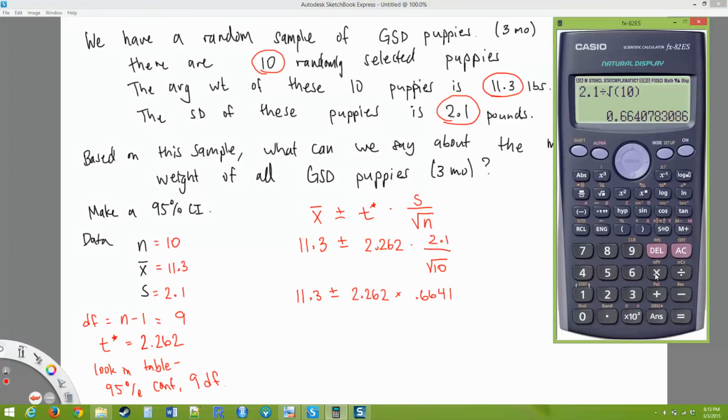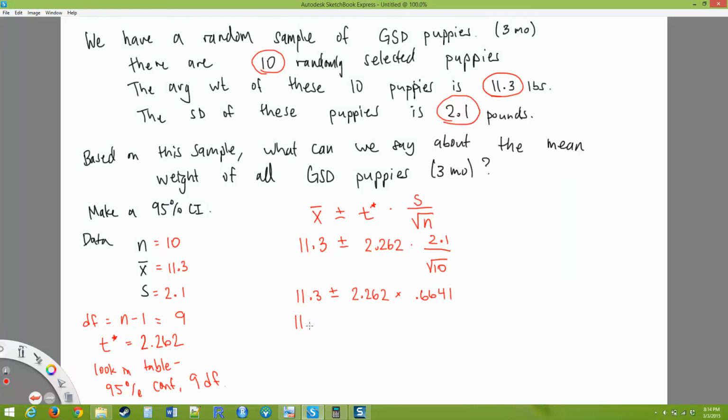Okay, and I multiply that by 2.262, and I get 1.502. So I have 11.3 plus or minus 1.502.